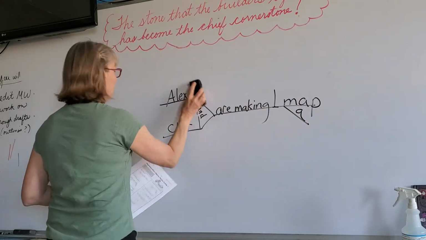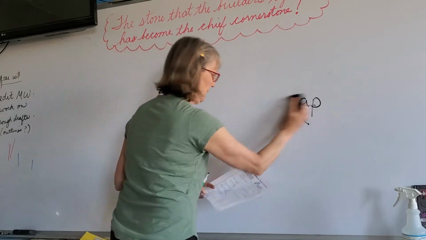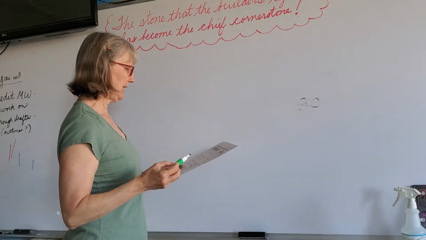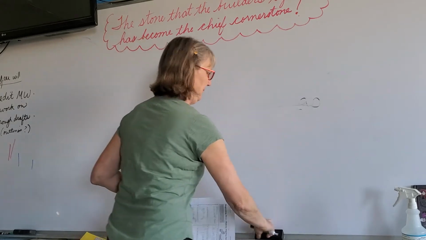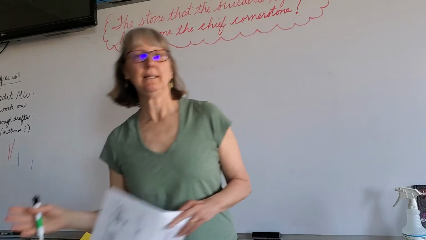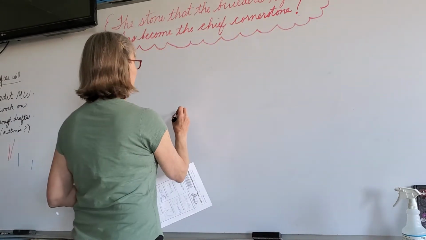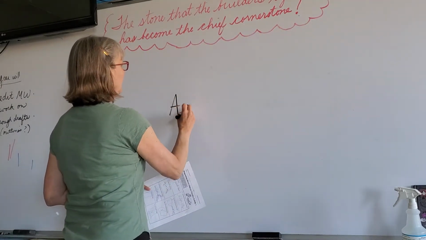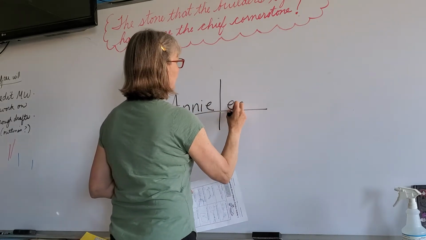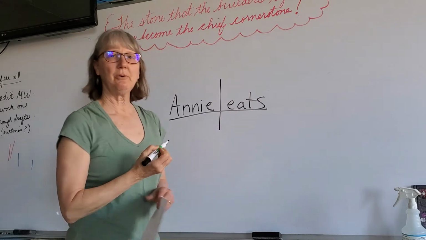Okay, I'm going to do one more for you. We're going to go to number 3. Annie eats peanut butter and jelly. Okay, let's rock that sentence. Annie eats. That's pretty easy.